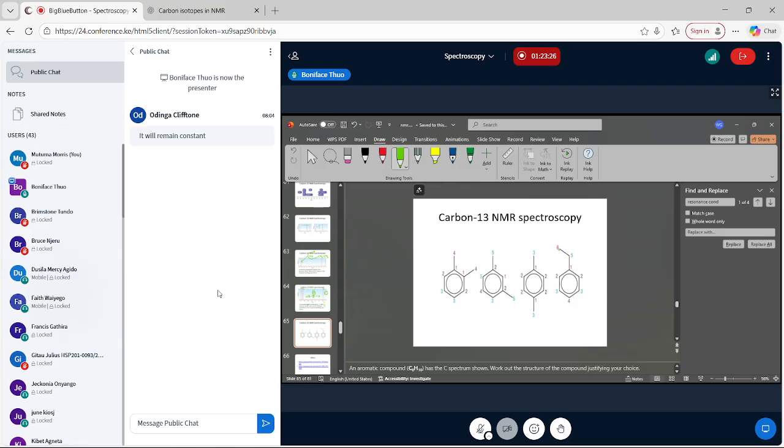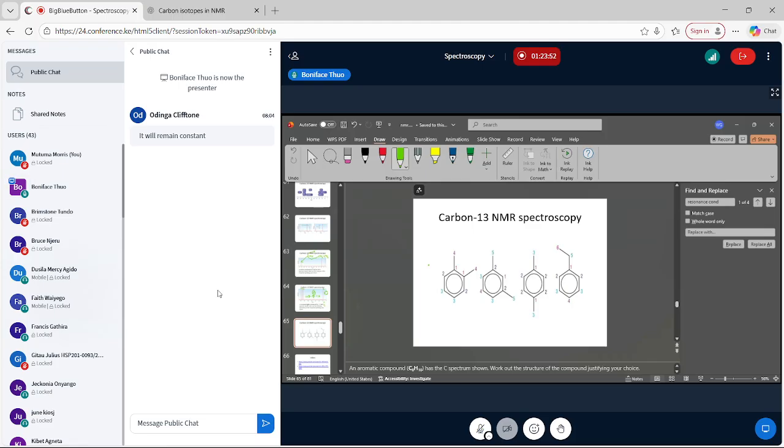Similarly, if you just have one substituent, then the alkyl carbons would be in different environments, which we are not observing. And similarly, the aromatic carbons are in 4 different environments, which is not the case in our spectrum.